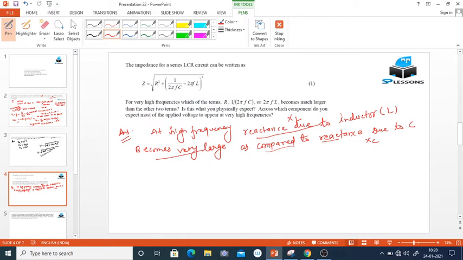It means at high frequency we can directly write XL is greater than XC. Thus we can neglect the reactance due to the capacitor, the term XC.